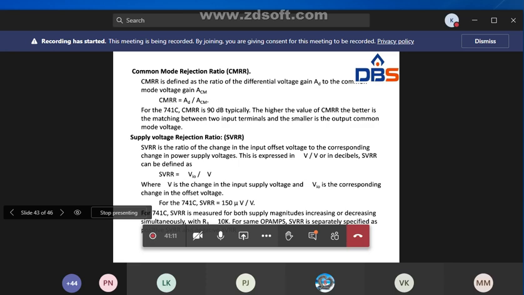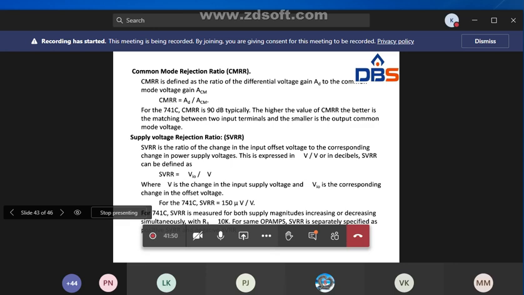But in practice, an op amp shows a small non-zero output voltage. This is due to the mismatching of the internal circuit. To make such a voltage 0, apply a small DC voltage between the two input terminals. This DC voltage is called the input offset voltage.